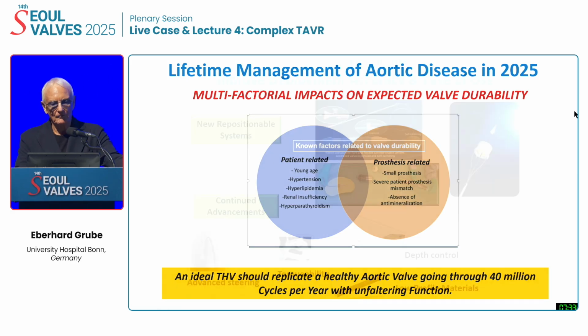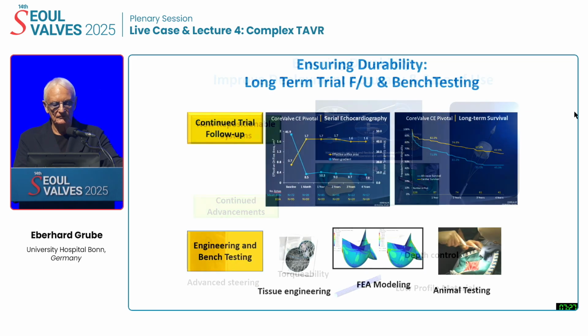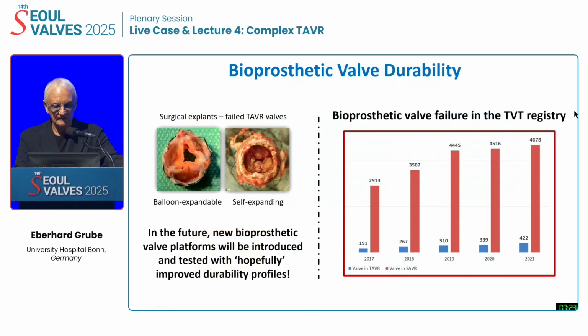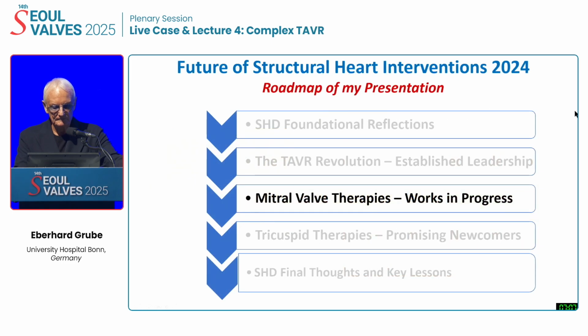That is what we would like to see. We try to ensure durability by improving deployment accuracy and ease of use, long-term trial follow-up, and bench testing. All bioprosthetic valves, surgical and catheter-based, will at some point fail, and we will face valve-in-valve procedures with an increasing number. It is all about leaflets and material science innovation.